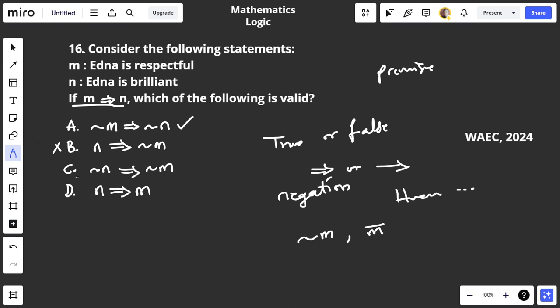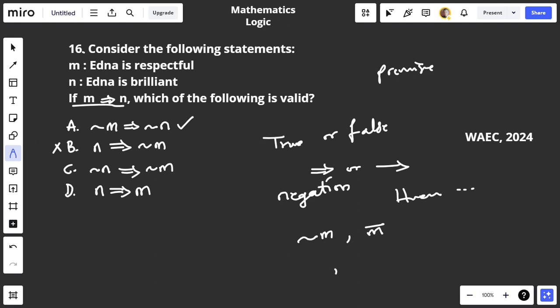C, if Edna is not brilliant, then Edna is not respectful. This C is very, very close to being valid. But the thing is that they have done a converse here, kind of double negation.